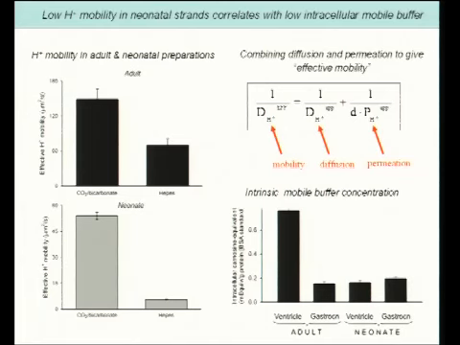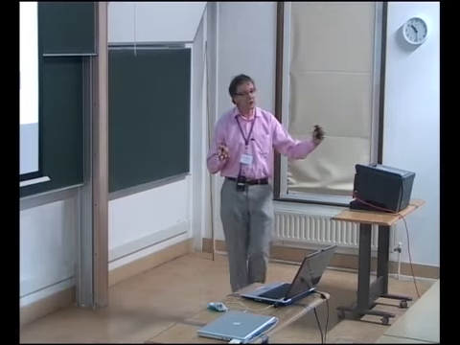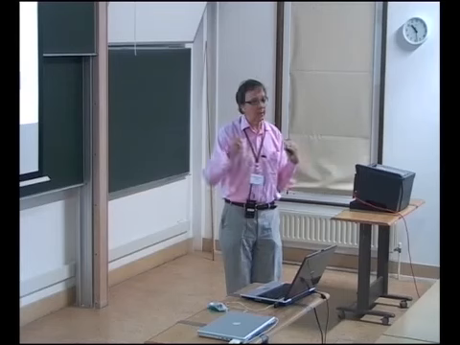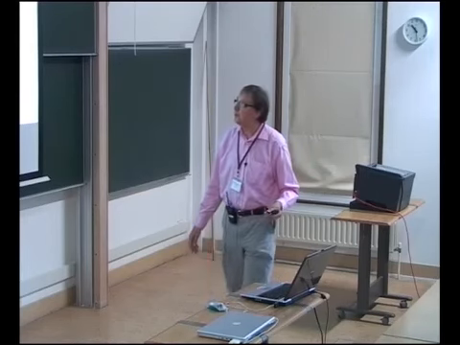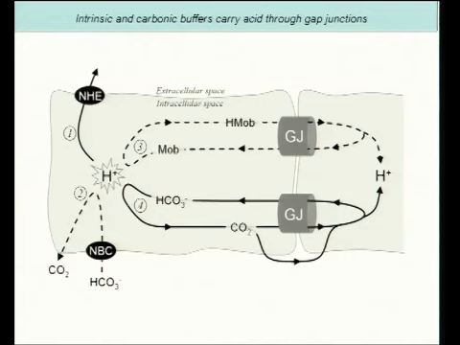And we find that the dipeptides are much higher in adult ventricular tissue than they are in neonatal ventricular tissue. So this is a nice validation of the model where we find that mobility is defined by the presence of the intracellular mobile buffers, which provide the coupling spatially between the cytoplasmic compartment and the surface membrane.